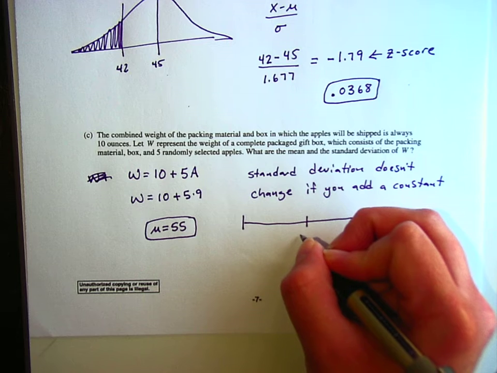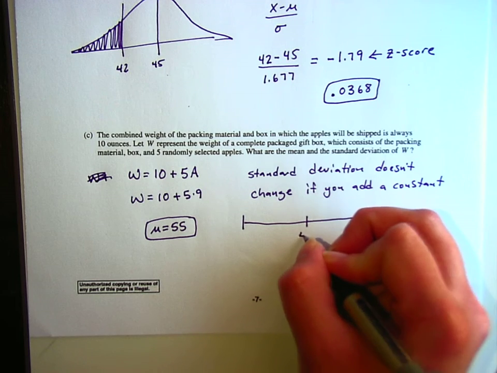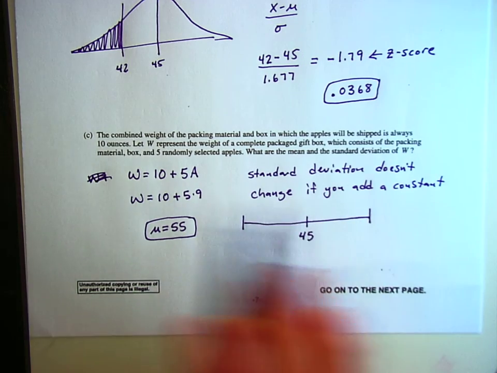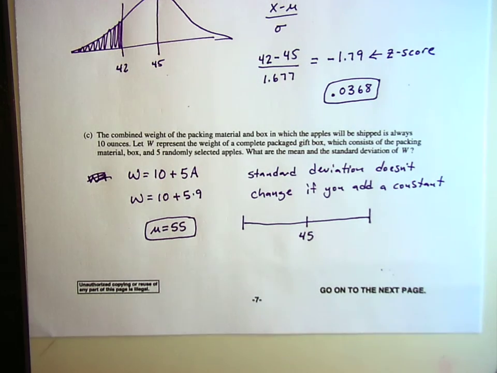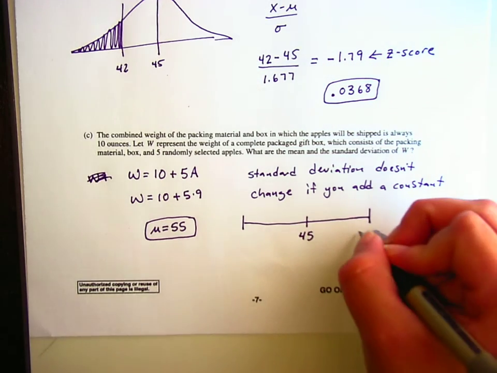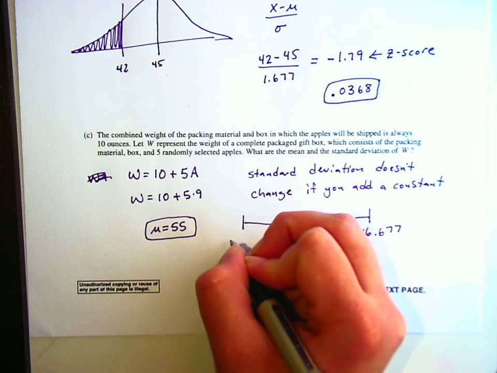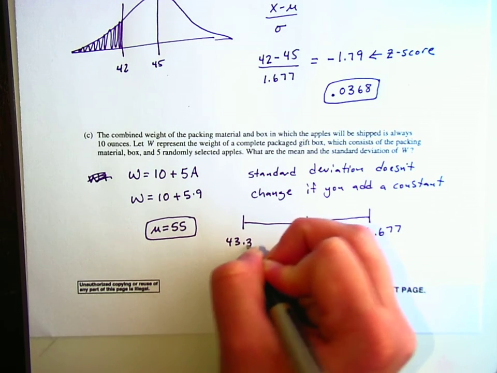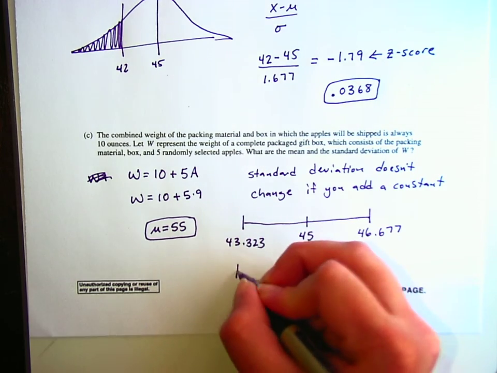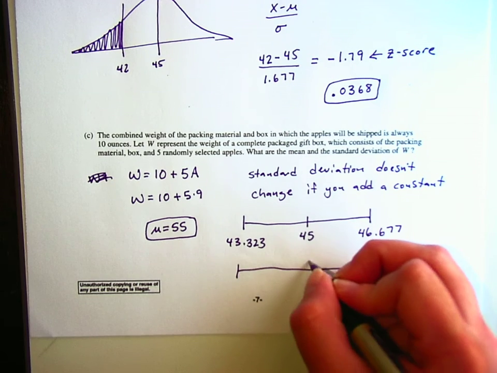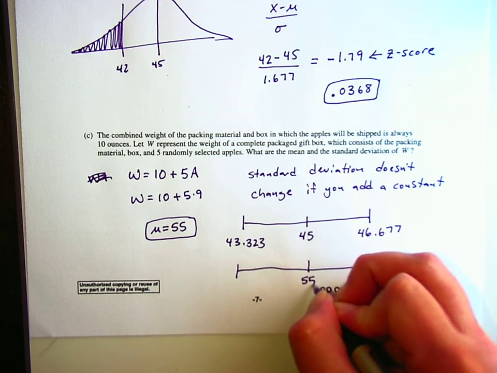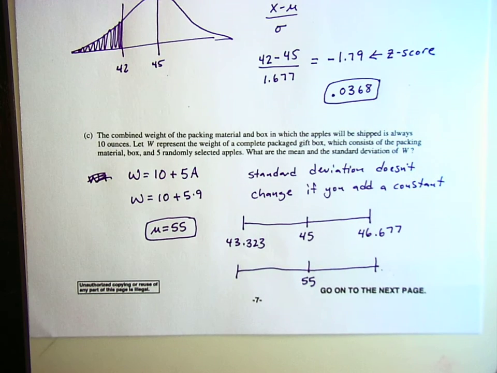The average for just the apples by themselves would have been 45. If you add or subtract 1.677, you get 46.677, and this one over here would be 43.323. But if I add that box in, it doesn't really change, because the box is always 10, no matter what. So the amount that the whole thing is deviating by is still only that 1.677 on average.